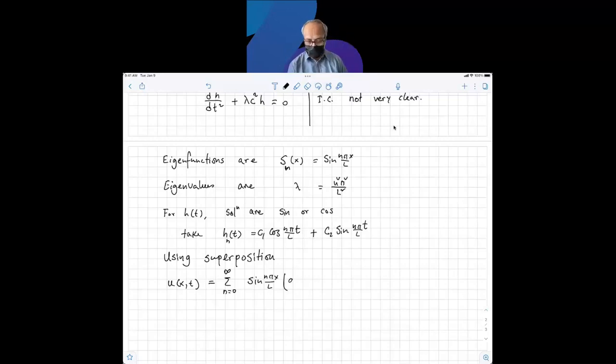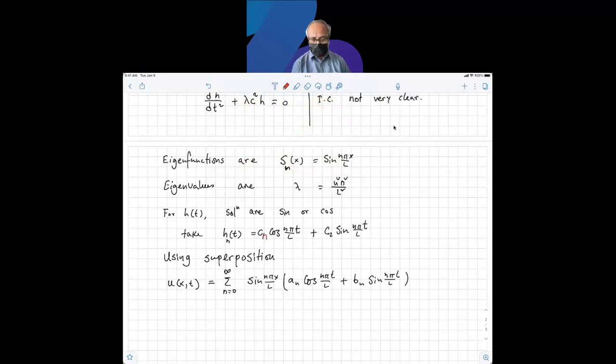So maybe we can write An cos n pi t over L plus Bn sine n pi t over L. It is not a bad idea to indicate this.